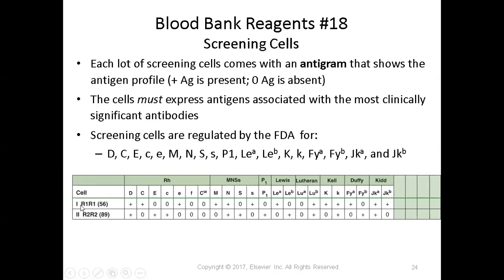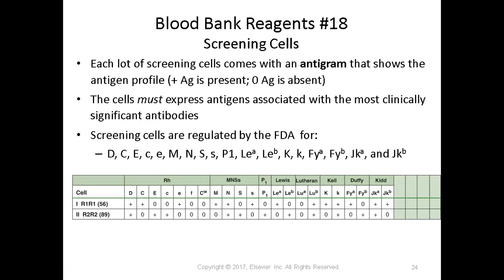So screening cell 1 has the big D, it has the big C. When we move on to E, it's a 0, which means it lacks big E. It lacks little c. It has little e. Doesn't have f, doesn't have Cw, has both M and N. So you get the idea, and so on and so forth.